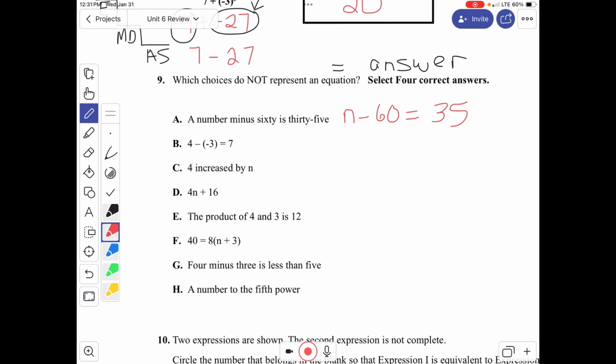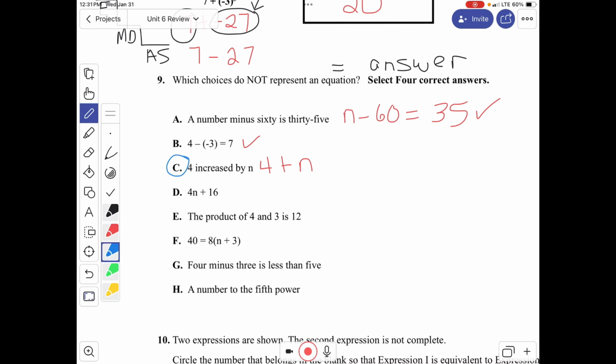That has an equation. And I see an equal sign there. 4 increased by n. If you're increasing, you're adding, so that's 4 plus n. I do not see an equal sign.